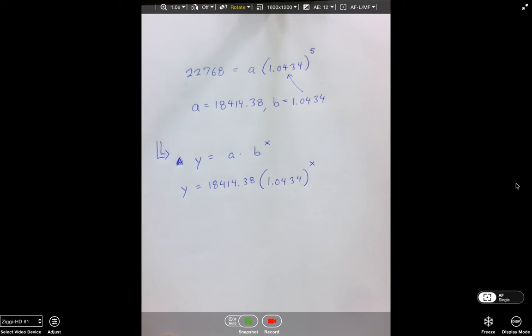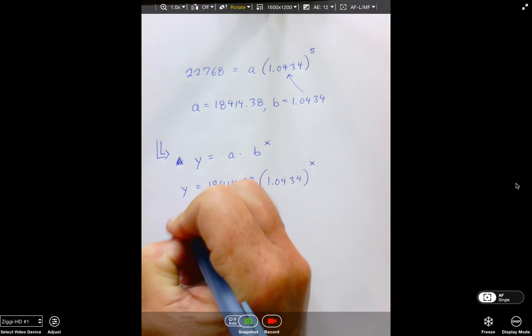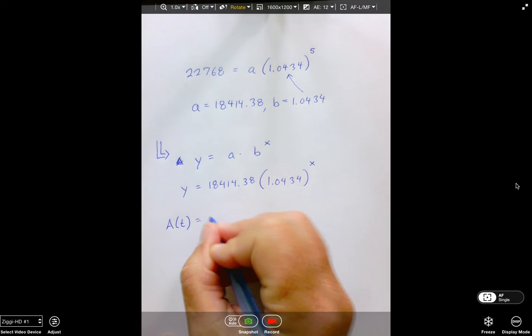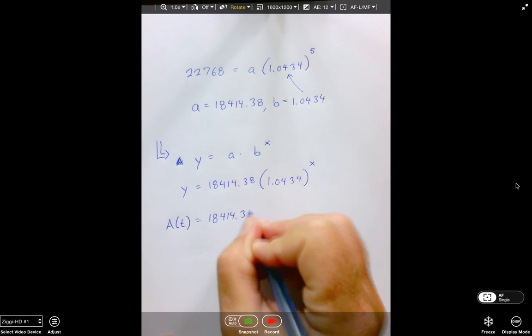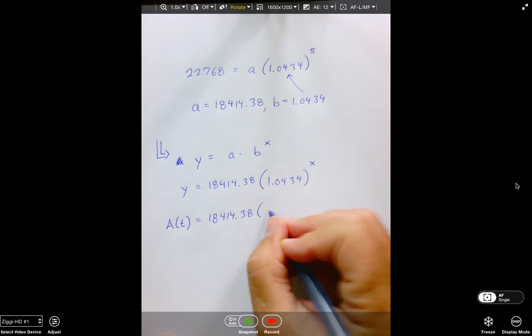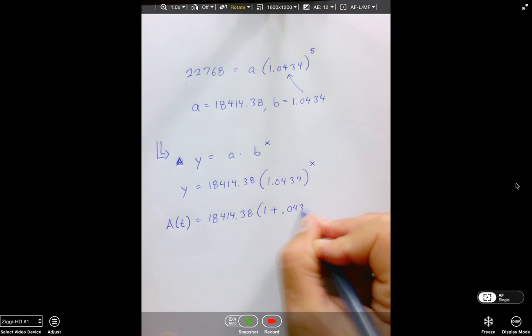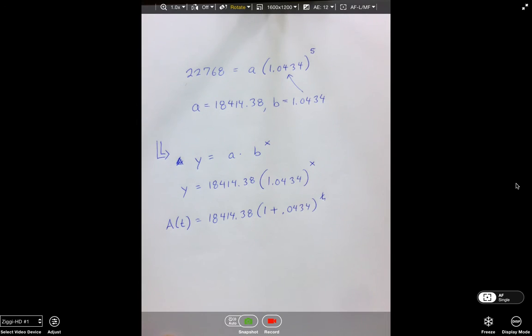But since I'm talking about money, I can put this as A to the t power is 18414.38 times 1 plus 0.0434 raised to the t.